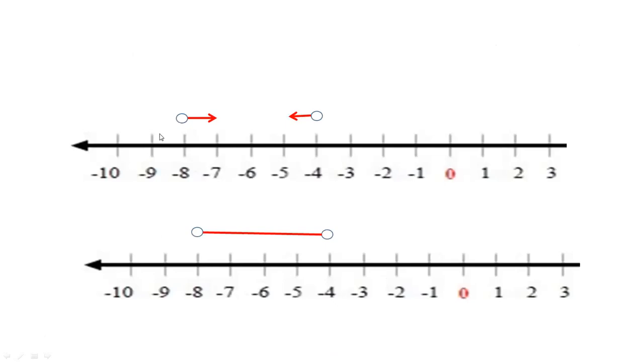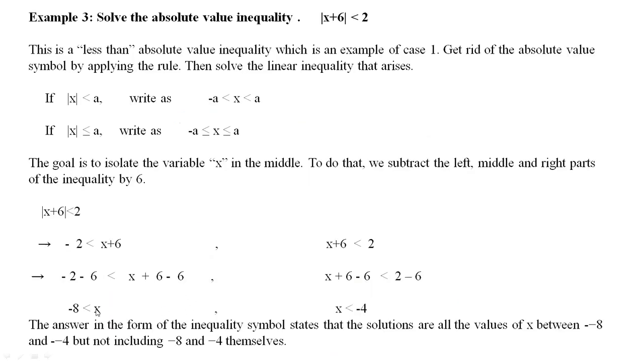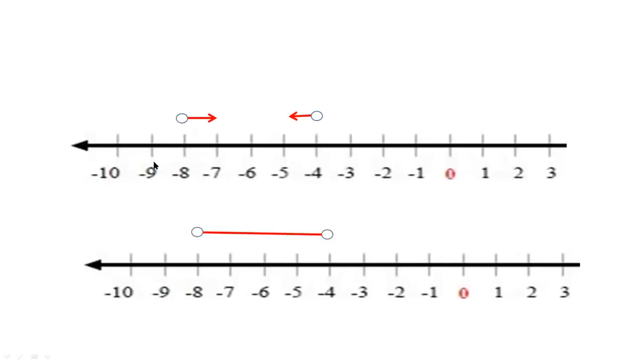So how can we find the number line? As we all know, x is greater than minus 8, so the number line moves towards the right, covering all the numbers greater than minus 8. And x is less than minus 4, so we move towards the left side.